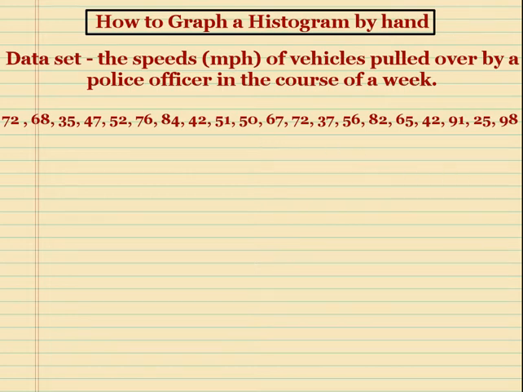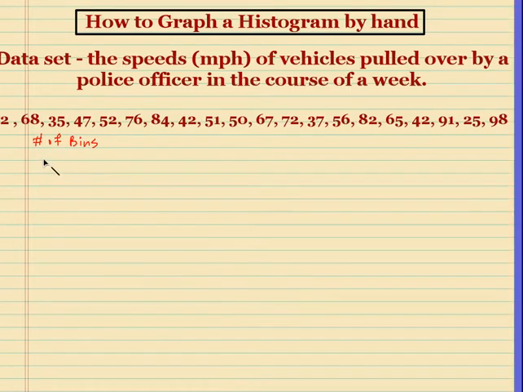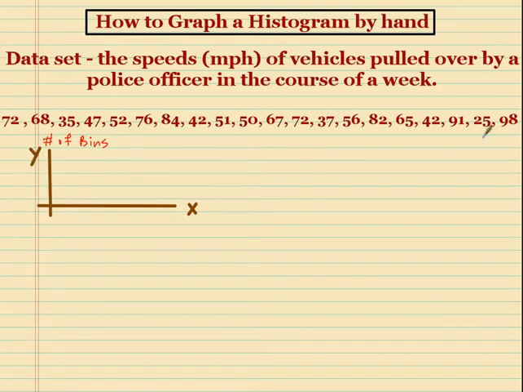So when we do these, there's two areas that we're interested in. The first thing is the number of bins. Basically, a histogram is nothing more than an XY graph, where here's our Y and here's our X, and there's some start and some stop.